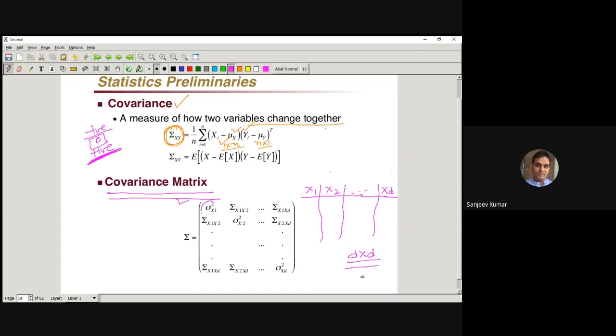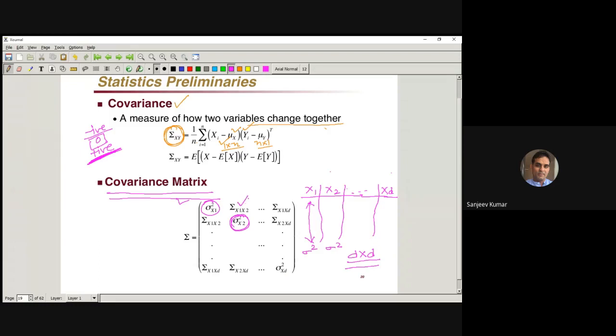This d by d symmetric matrix can be formed like this: the first entry of the first row, that is the pivot entry of the first row, will be the variance of the first column, that is sigma square. Similarly, the diagonal entry in the second row will be the variance of the second column. In that way, all the diagonal entries will be the variance of the respective column.